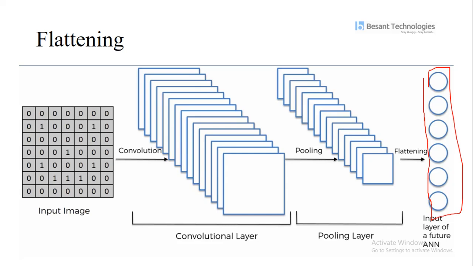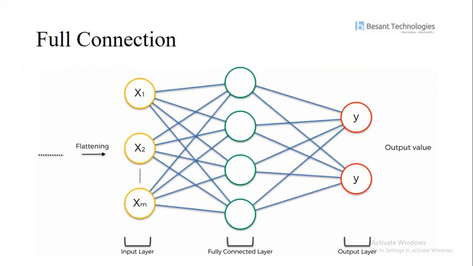So the input is applied to the convolution, the convolution is applied to the pooling, and the pooling is converted to the flattening, and this flattening now works like an input layer for the ANN. So again the flattening output is our input layer.